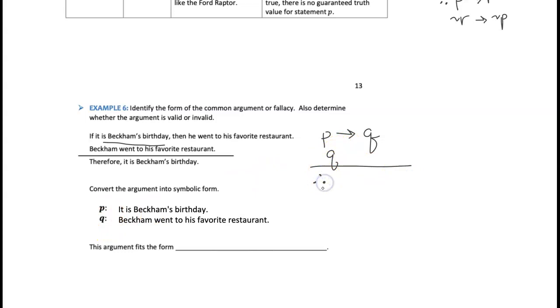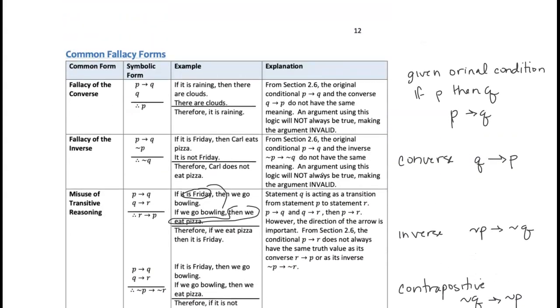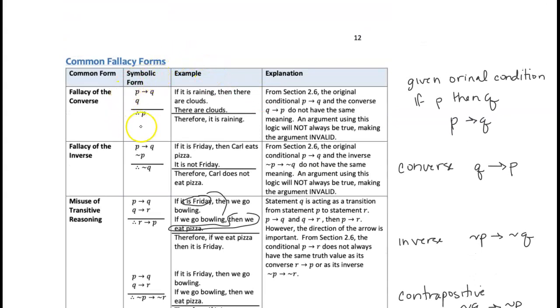And we're checking on the conclusion, it is Beckham's birthday, and determining if that conclusion makes the argument valid or invalid. In this case, it fits the form fallacy of the converse. Remember that the converse switches the order of the original conditional.